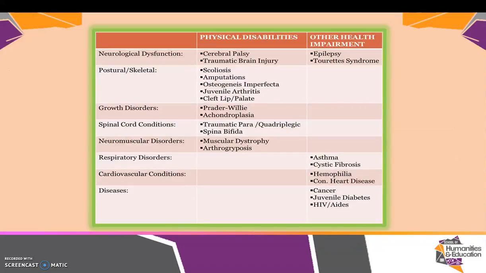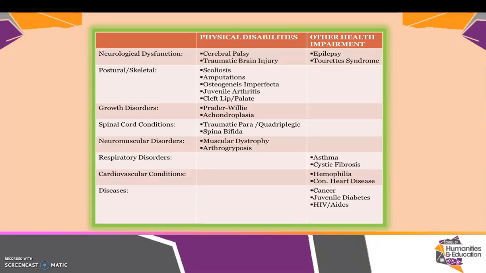Now, under physical disabilities, some of those that you might have heard about before would be cerebral palsy, amputation. So if a person loses a limb, juvenile arthritis, spina bifida, muscular dystrophy. All of those are physical disabilities.